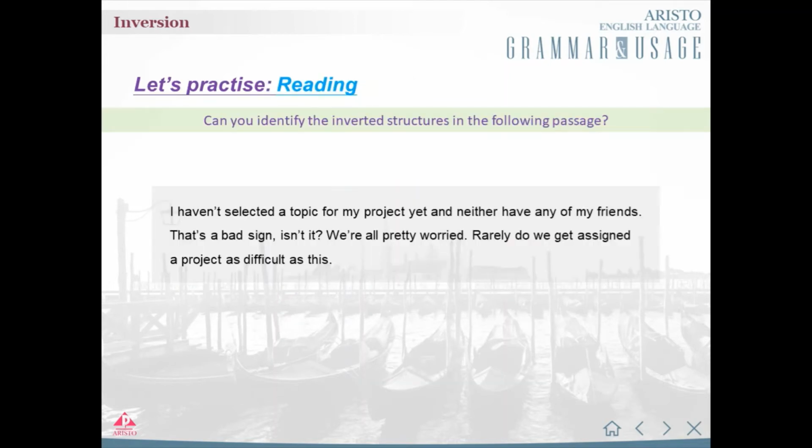Let's practice reading. Can you identify the inverted structures in the following passage?